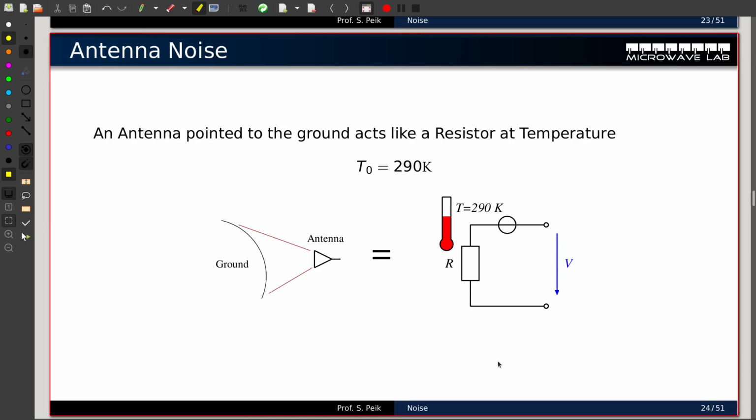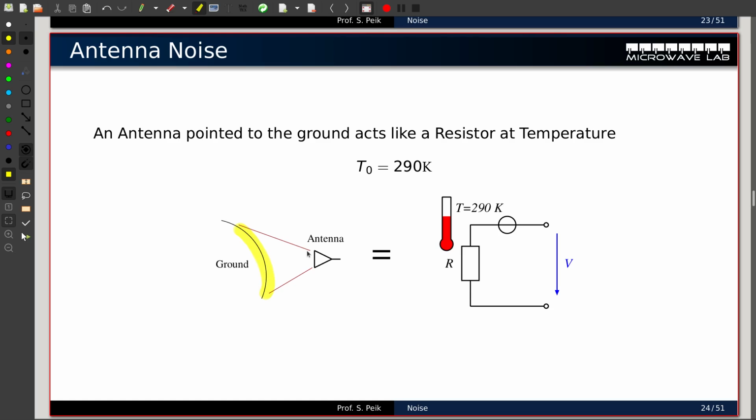When we look at it in terms of satellite communications, you have an antenna in space that's pointing to the ground. Then the antenna sees the ground here. And that ground temperature is the temperature of the noise picked up by the antenna.